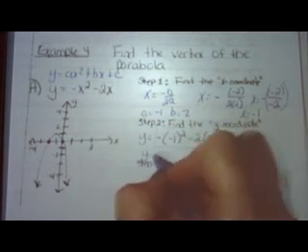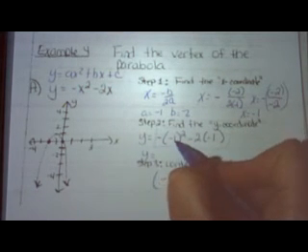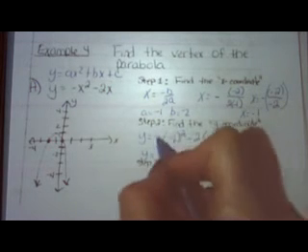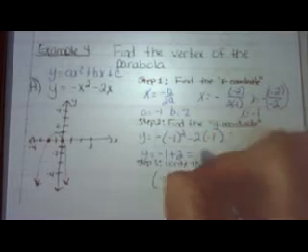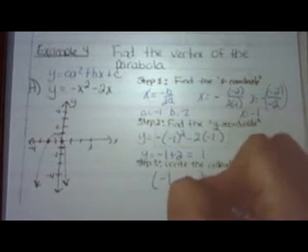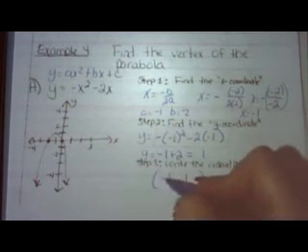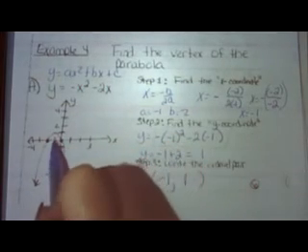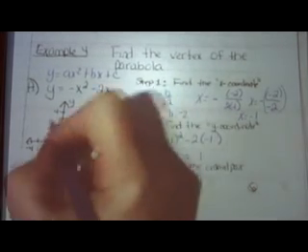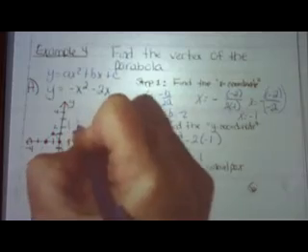So we have y equals negative 1 squared is negative 1 times negative 1, which is positive 1. And I have this negative in front, so I have negative 1 plus 2, which gives me 1. Here's your vertex at negative 1, 1. So let's check. Does the vertex appear to be at negative 1, 1? Yes, it does.